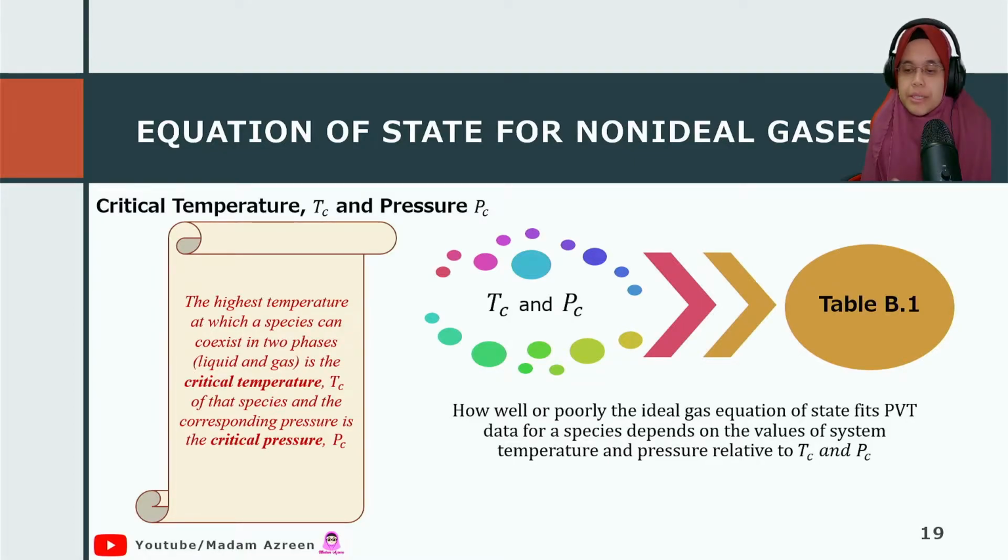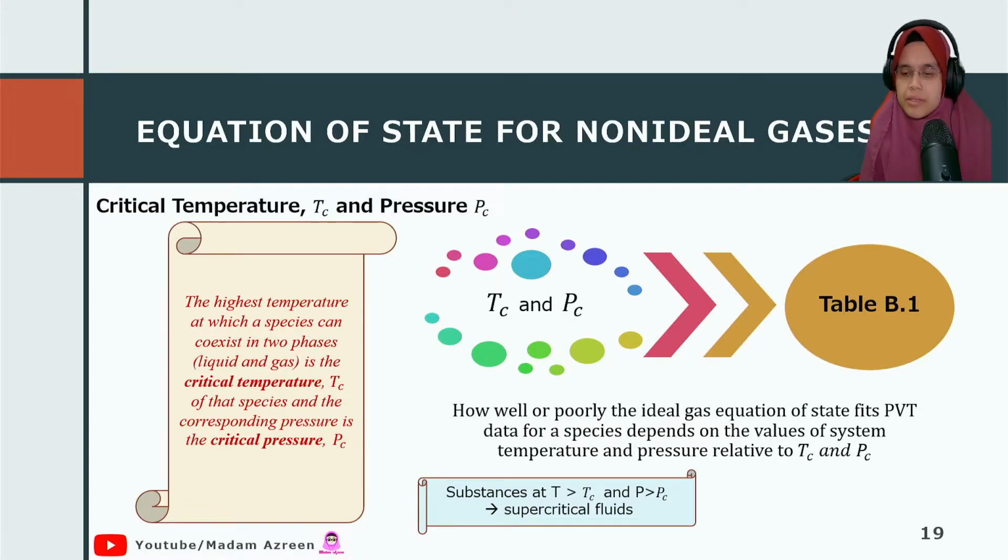And that is the key factor to determine whether PV equals nRT is still valid or not. I bet I'm quite confusing you at this time, but don't worry, we just proceed first. And a substance that has a temperature and pressure above the critical temperature and critical pressure is called a supercritical fluid. Okay, because it is above that.